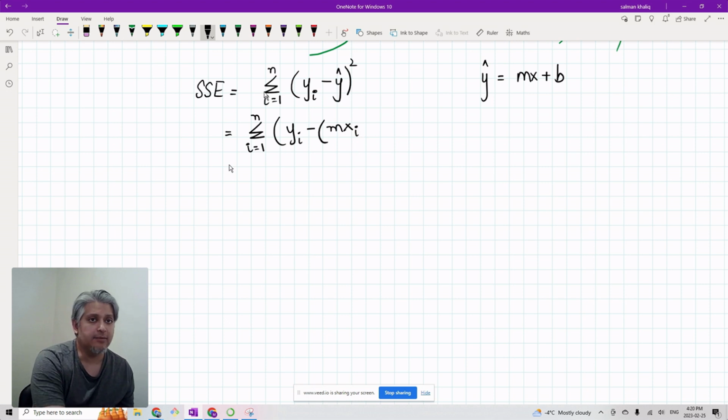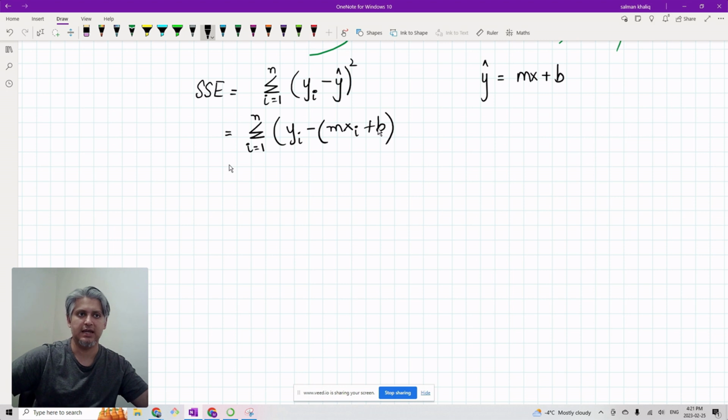Because I'm doing summation, for every y value, y1, y2, y3, similarly I have multiple x values as well, which means I need to figure out this predicted value for every x value. So this x needs to be substituted depending on which point I'm talking about: m xi plus b. Because m and b are fixed, not changing for that line, they should not get that i. Then I close the bracket and square it.